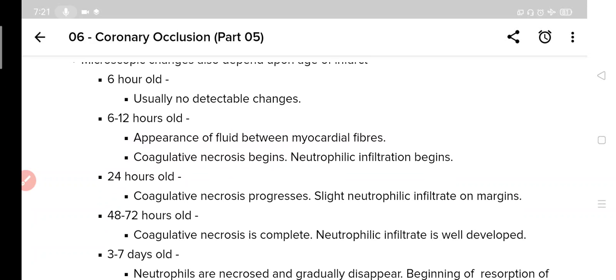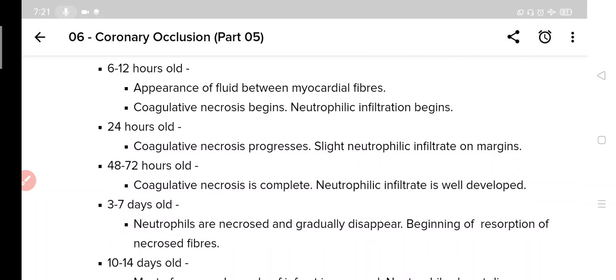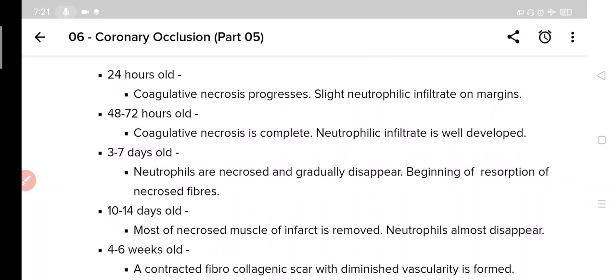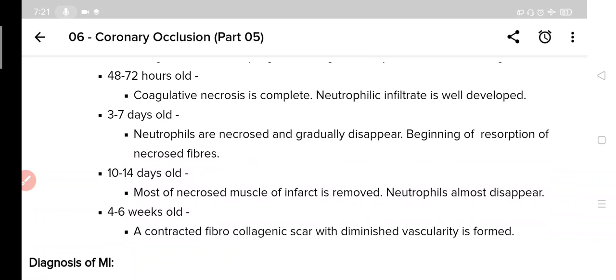Second, coagulative necrosis begins and neutrophilic infiltration begins. After 24 hours, the coagulative necrosis which has begun progresses, with slight neutrophilic infiltrate at the margins. At 48 to 72 hours, coagulative necrosis is complete, and neutrophilic infiltrate is well developed.